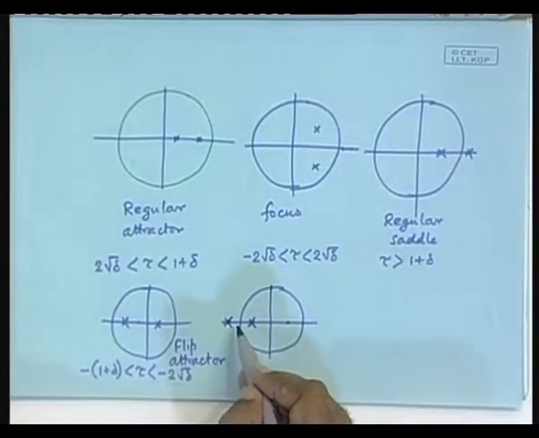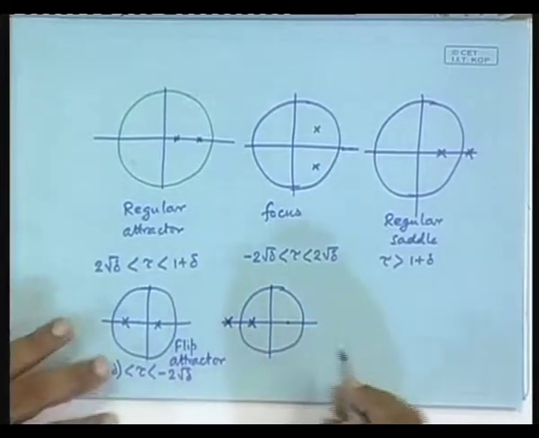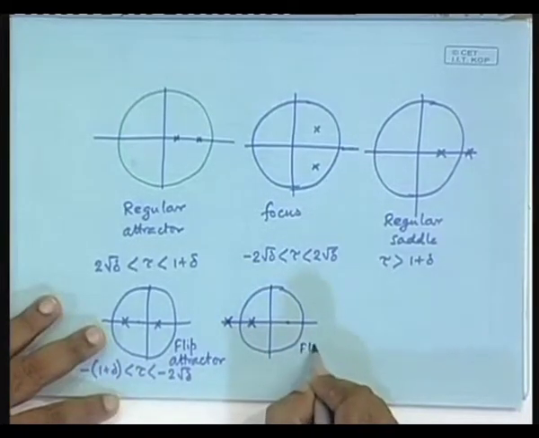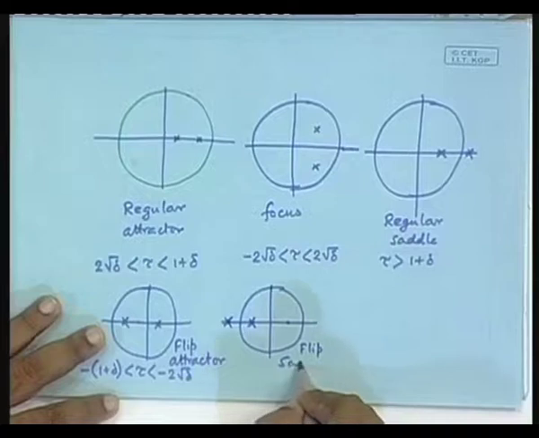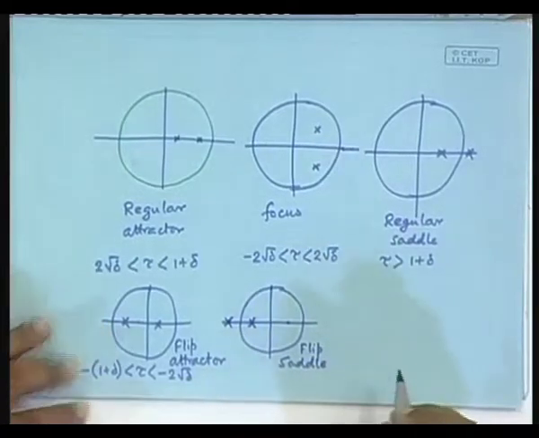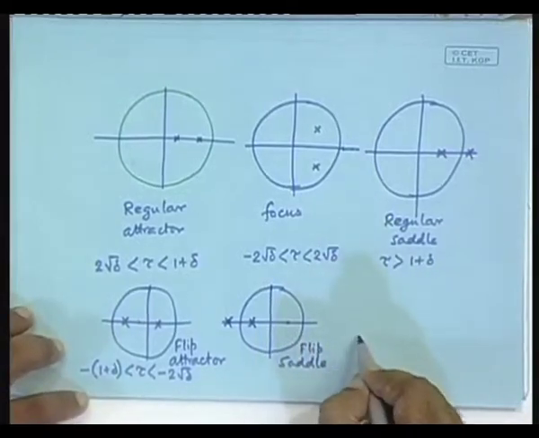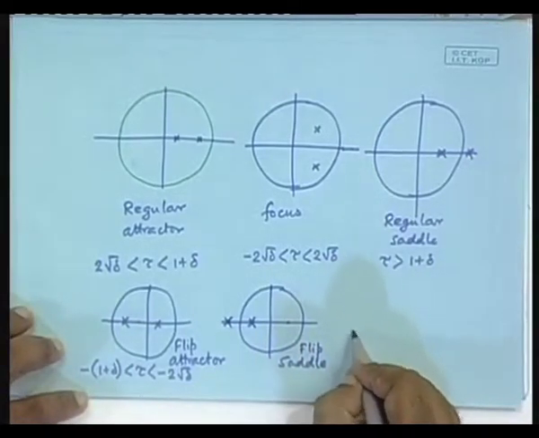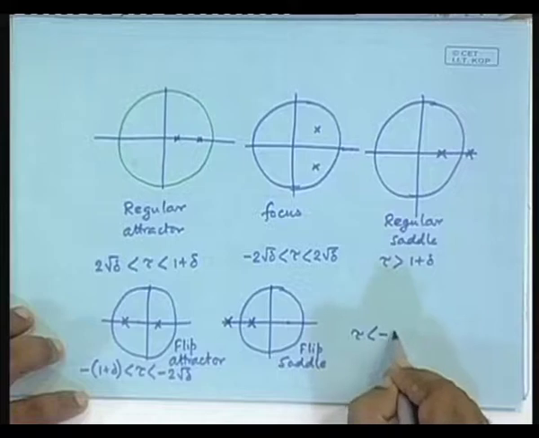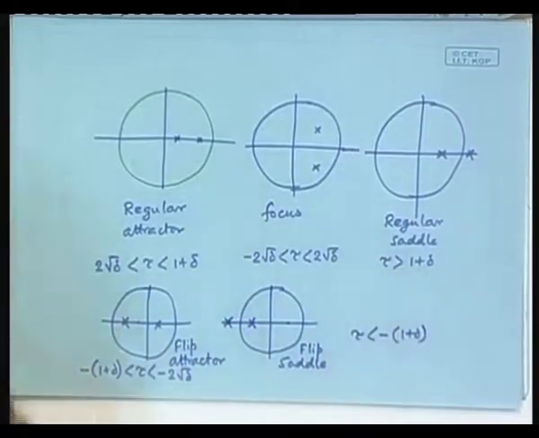Then it is called a flip saddle. And when will that happen? Yes, that is tau less than -1 plus delta.